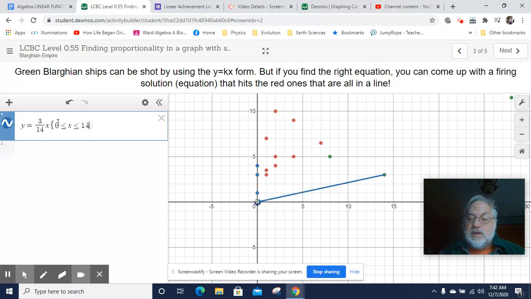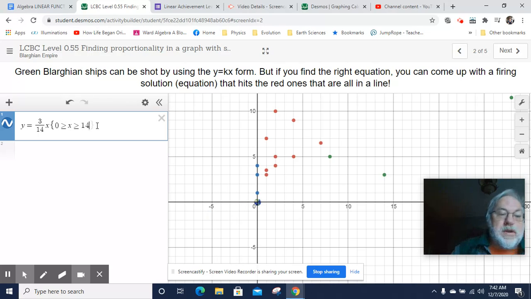And then I'm going to say 0 is less than or equal to x is less than or equal to 14. By the way, if you make your inequality and nothing shows up, then you may have made an error in your inequality. Maybe you said 0 is greater than or equal to x is greater than or equal to 14, which would just not be true because 0 is not bigger than 14. Or maybe you have your inequality disagreeing with itself.